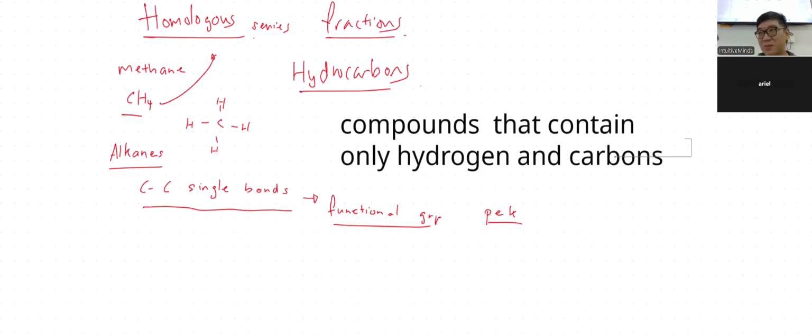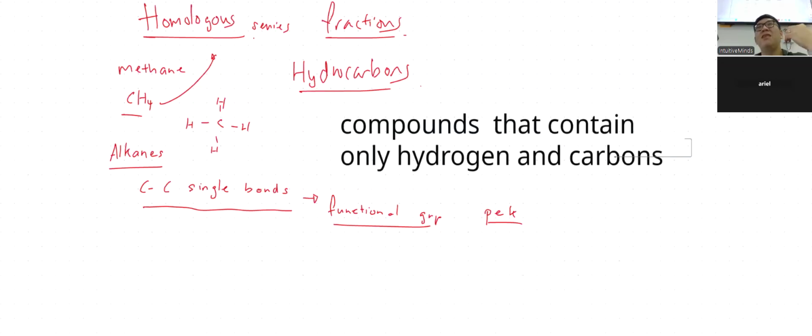Which means that in a way, your family is a homologous series because you all have the same surname, which is in this case the functional group. You can think of it that way. Homologous series is like a family, and the functional group is like their surname. It's the group that distinguishes themselves as part of the family.